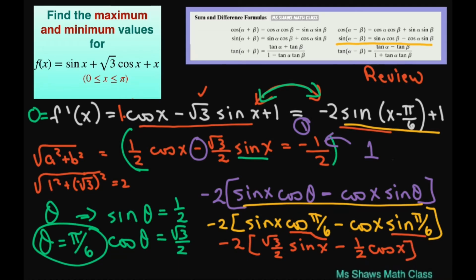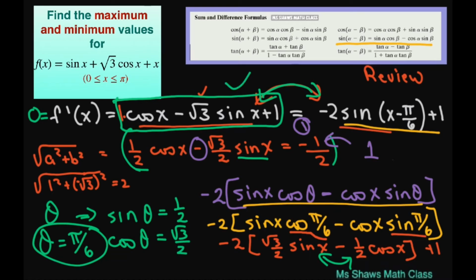And we still have our plus 1 here. When you multiply everything through by negative 2, it switches these around and you'll get this exactly back. So that's how we are proceeding.